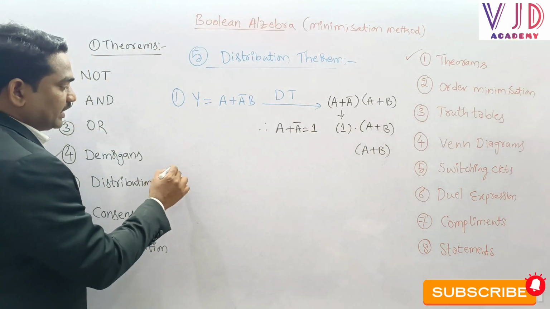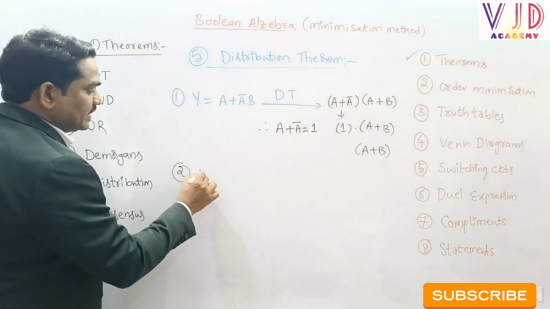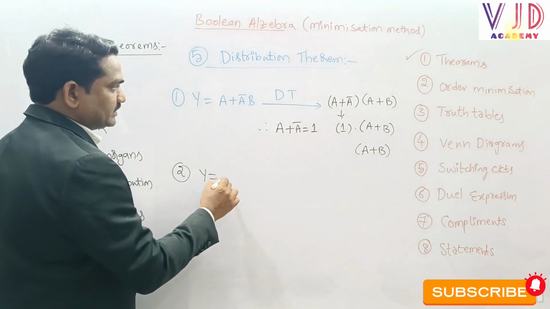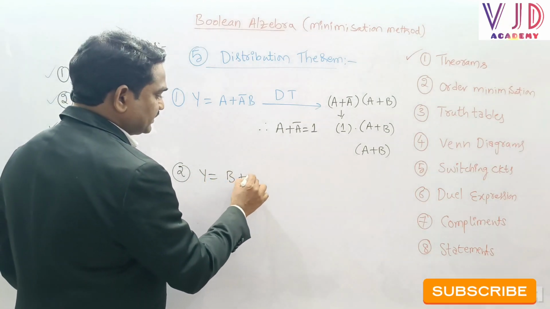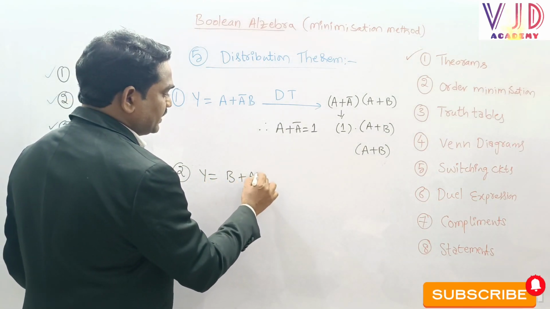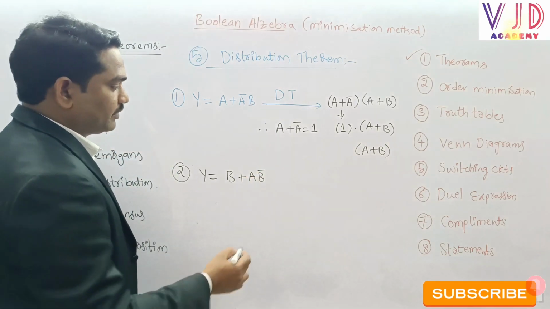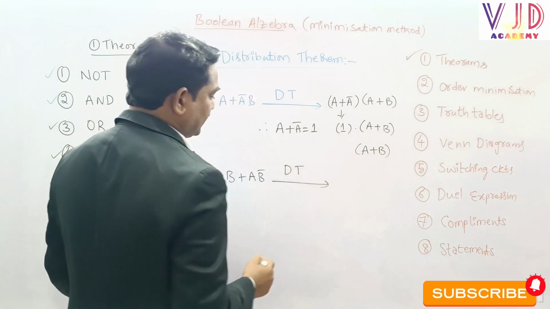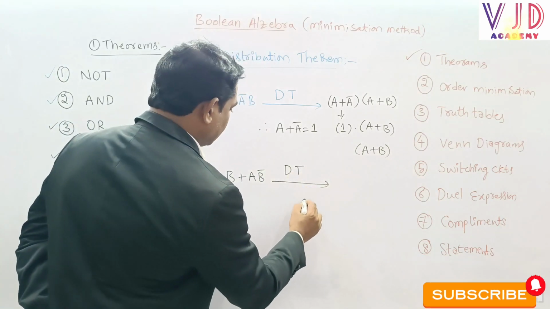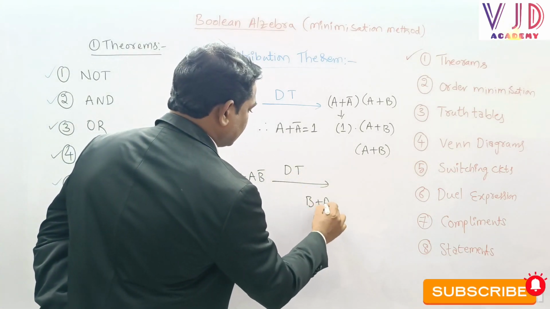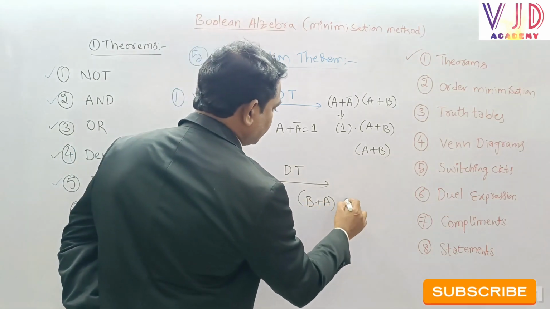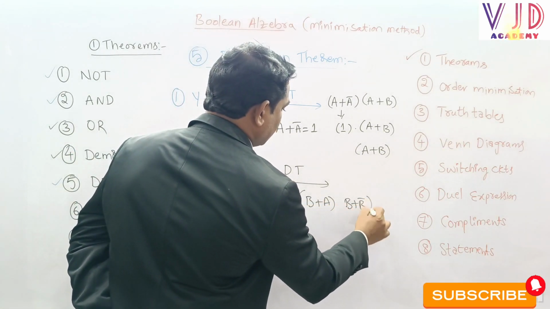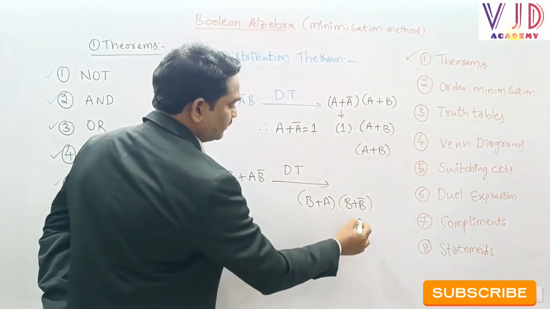And now let me take one more example here. Y equal to B plus A into B bar. This I want to consider. Now what will happen here? When I apply the distribution theorem, we get B plus A, and now this will become B plus B bar. Now this B plus B bar will become 1.